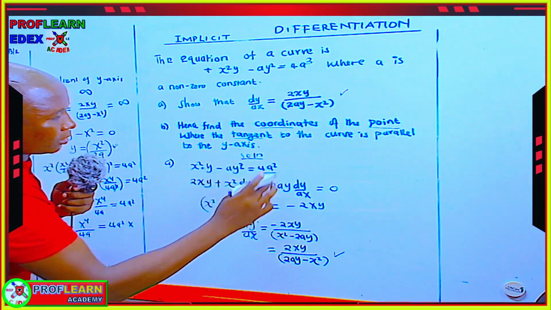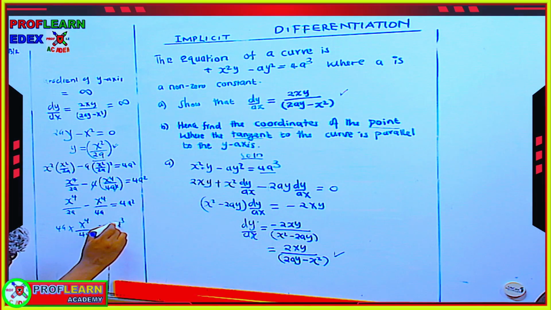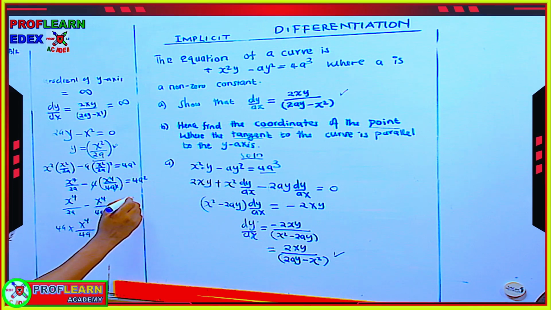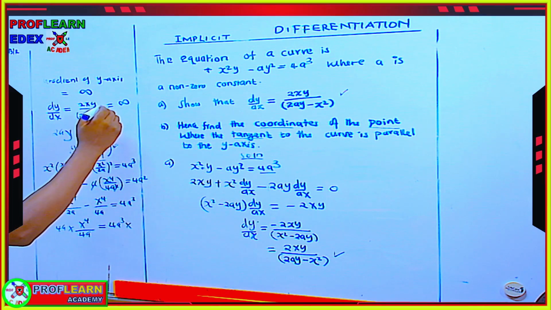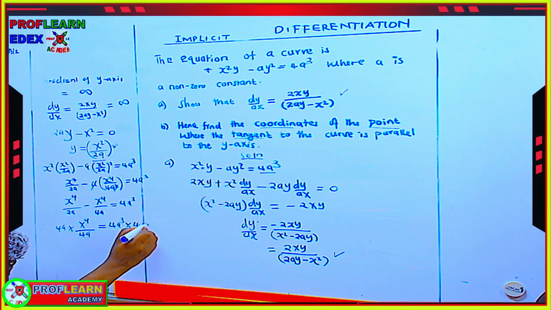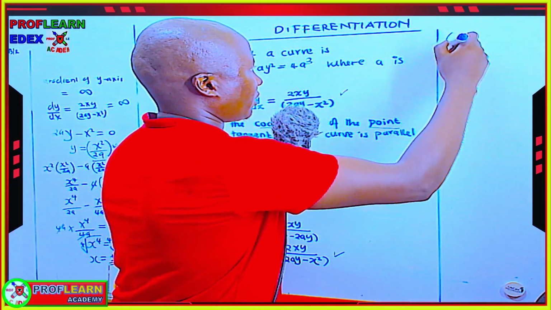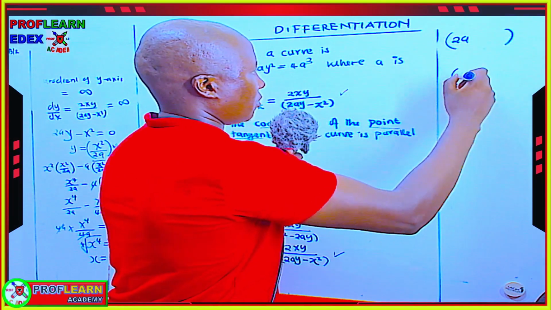So x to the power 4 equals 16a cubed, and finding the fourth root, with these values of x, the first coordinate is when x is 2a, and the second is when x is negative a.